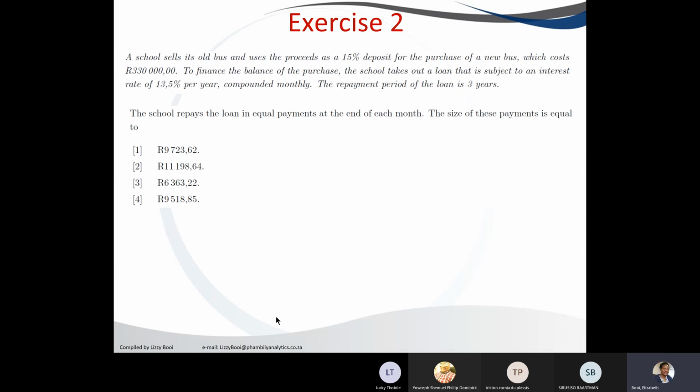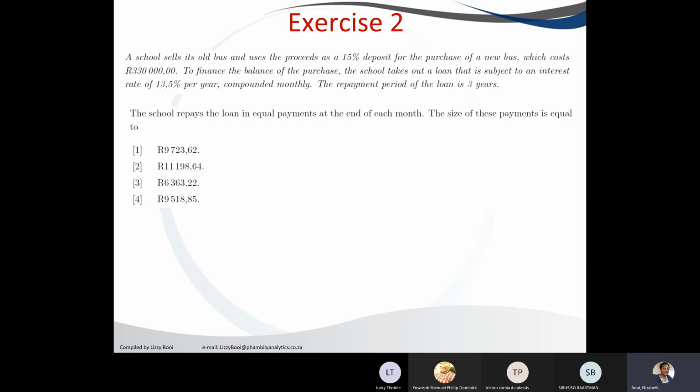Remember that they used the proceeds as a 15% deposit for the purchase, and then they are only going to finance the balance, which means the balance after paying the deposit.